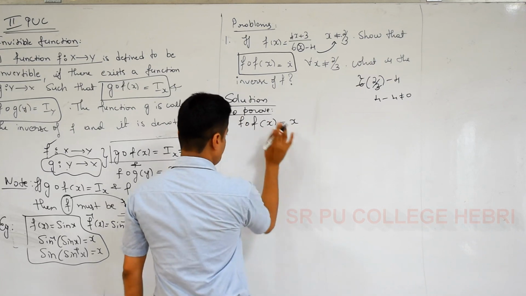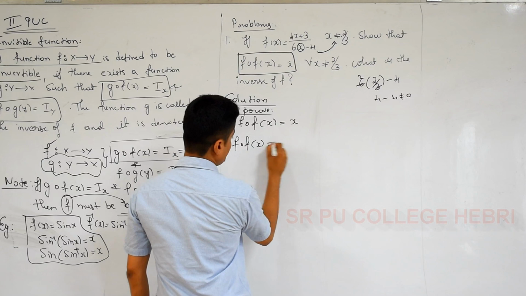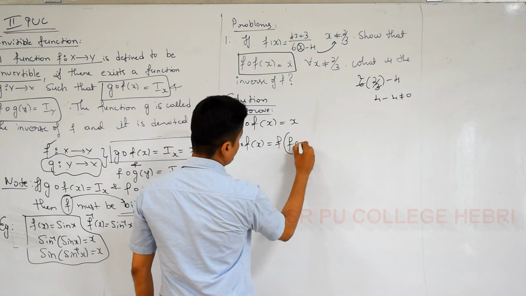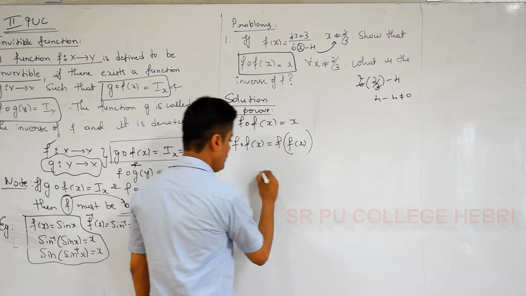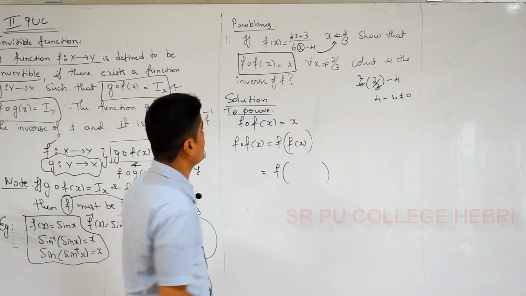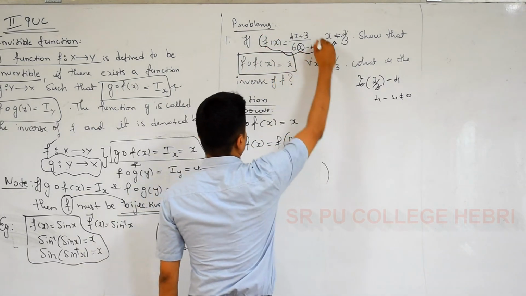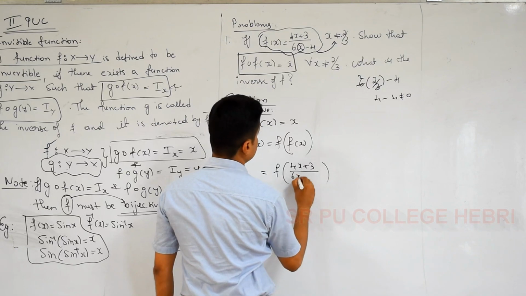To prove this, first consider f of x. How can we write this? f of x, right? Composition, you saw in the last video. So what is f of x? It is 4x plus 3 divided by 6x minus 4.